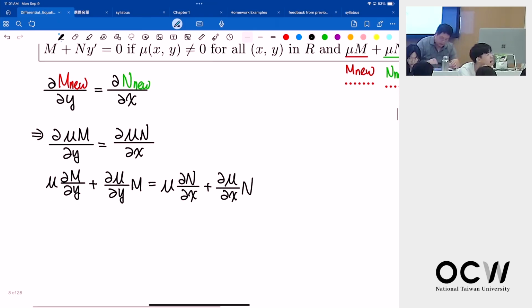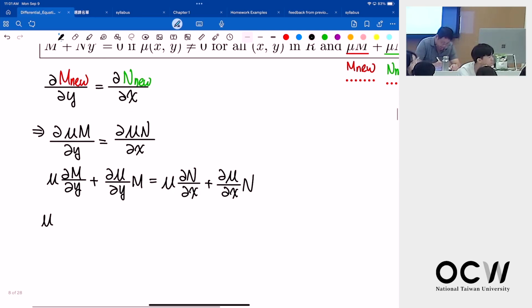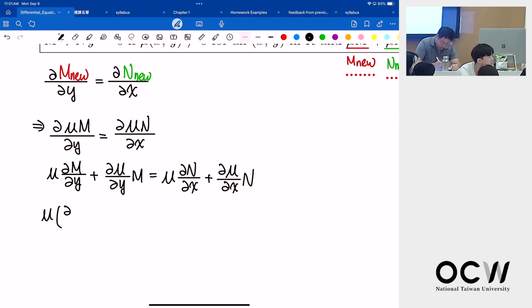So now let's rearrange this equation. I put everything related to mu, or as a function of mu, on the left hand side. So I have partial M over partial y minus partial N over partial x.